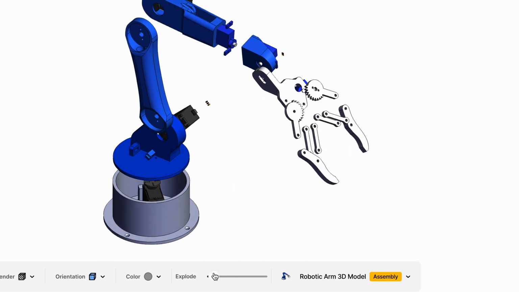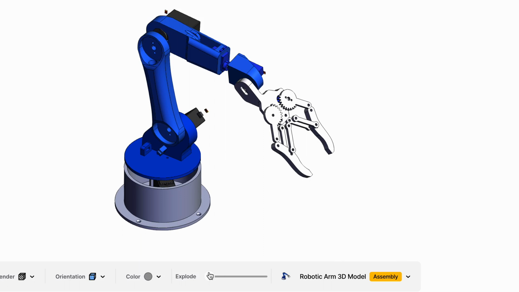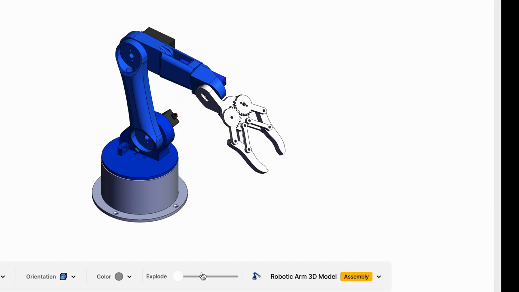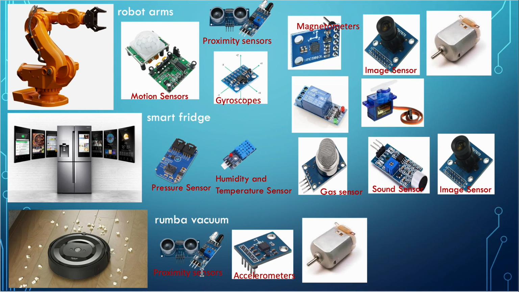We can safely say the strength of it is limited. It is not built to lift very heavy things or to do activities which need a lot of strength. But as a project, a prototype, a demonstration model, this would be more than enough. So that particular part is also needed.